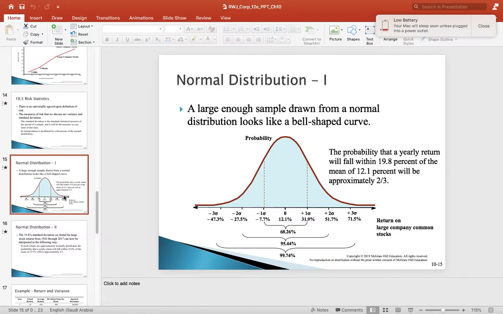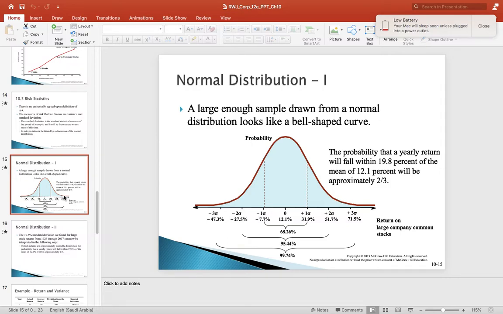So 19.8, if we make it minus, then it will be minus 7.7%. How? 12.1 to become 0 is a 12.1 loss, and the other 7.7 is a negative return.